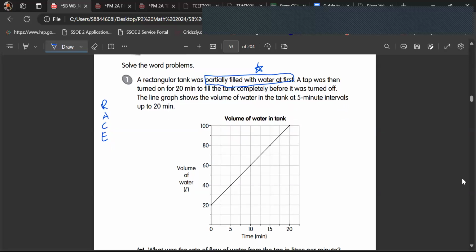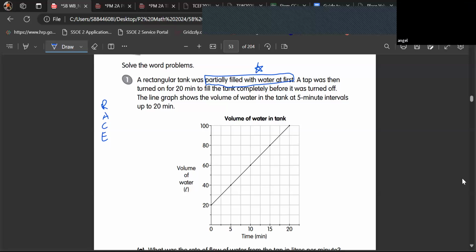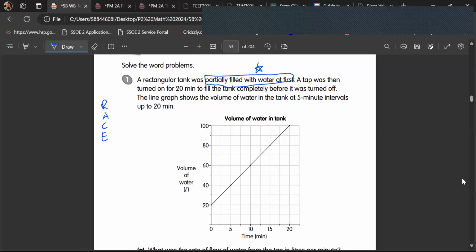A rectangular tank was partially filled with water at first. Look at the graph. That sentence tells us that the tank was not empty. At the start, it already had some water inside. How much is that water? Look at the graph. It was partially filled. It is not full. It's not empty. It's not full.